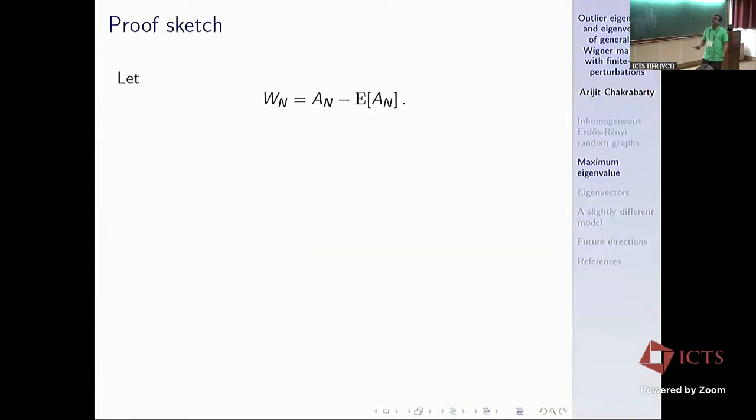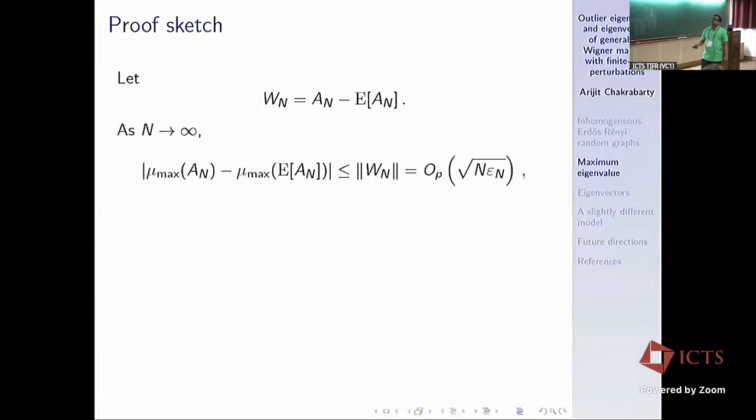Now, the first order behavior can actually be proved quite easily. What we do is we subtract the expectation, and that gives us a zero mean matrix whose entries are essentially independent, up to symmetry. It's a symmetric matrix whose upper triangular entries are independent. Therefore, the largest eigenvalue of A_n is away from that of the mean matrix by the norm of W_n.